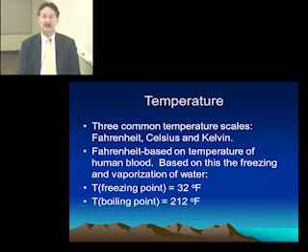Water is known to be somewhat a ubiquitous substance throughout the universe, and so we want to be able to define a scale of temperature just as we did mass, length, and time that's going to be based upon universal concepts. Remember that the concept of the meter was based upon the speed of light, which is a universal concept.